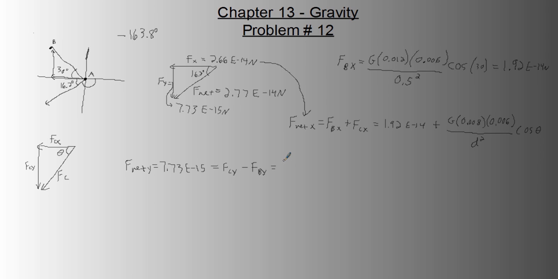So that's just G, and C has a mass of 0.008 and 0.006 over d squared sine theta. So that's this guy right here. We don't know the theta, and we don't know how long this is. So we're going to keep both those as variables. Oh, system of equations.